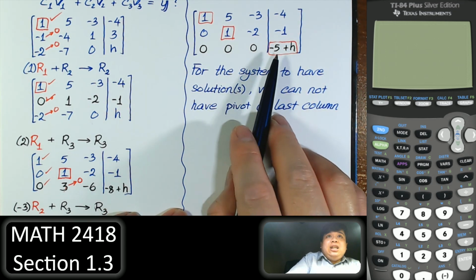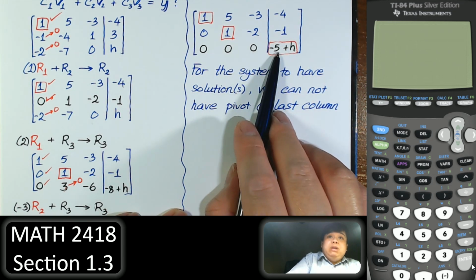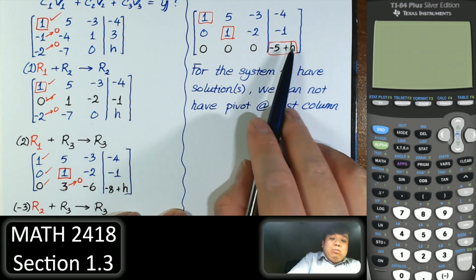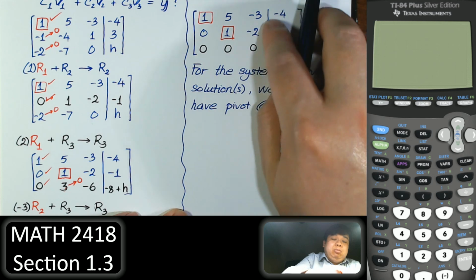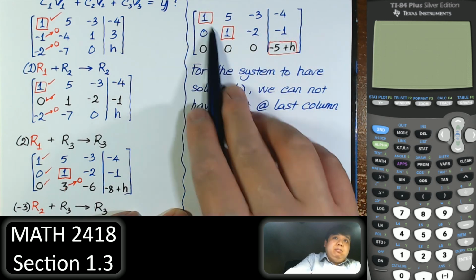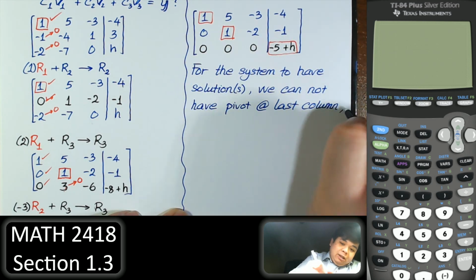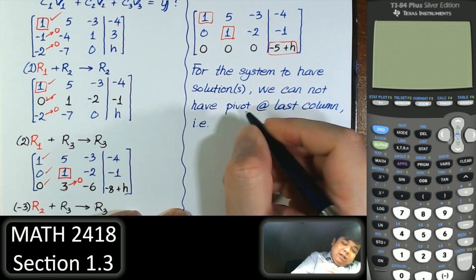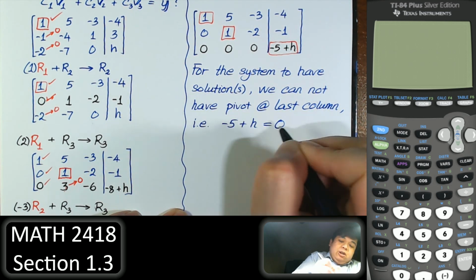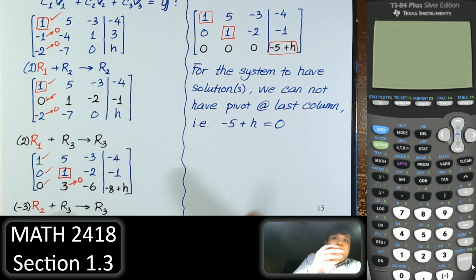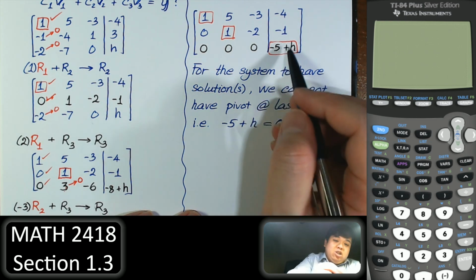If this is anything but 0, that would be a pivot. So this has to be 0. In that case, we do not have any pivot but those two. Meaning -5 plus h has to be 0. Otherwise, that could be the pivot. The pivot is a non-zero entry, and then of course we divide by itself, we can normalize to 1.